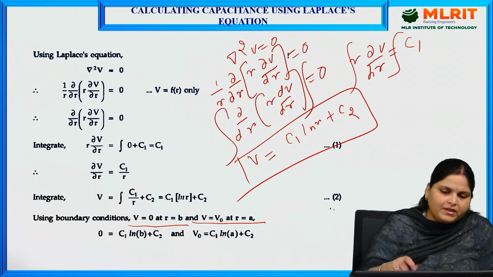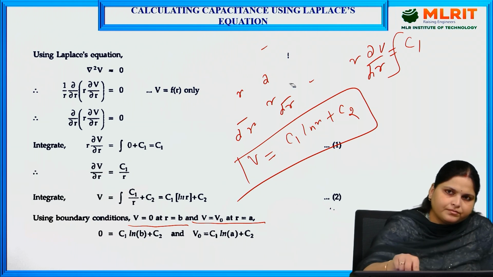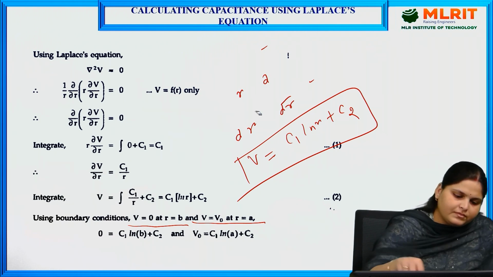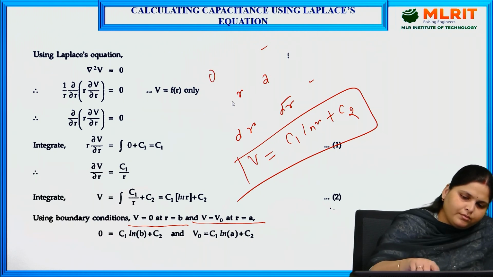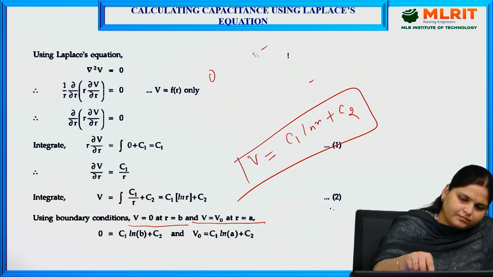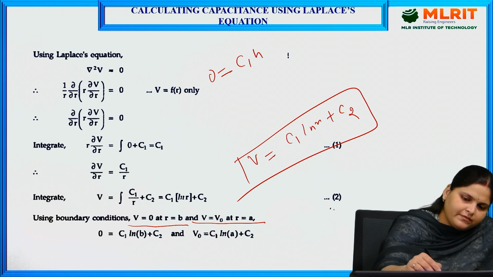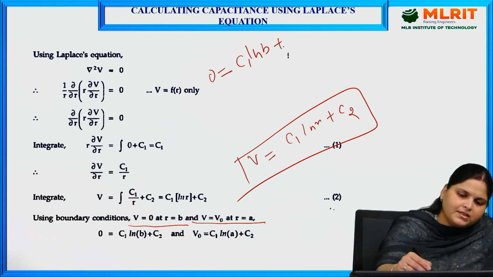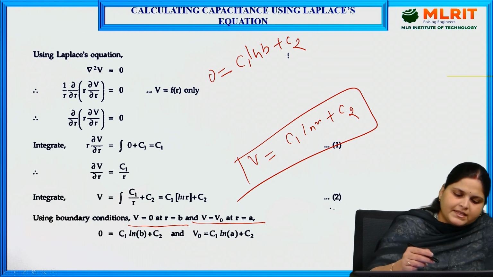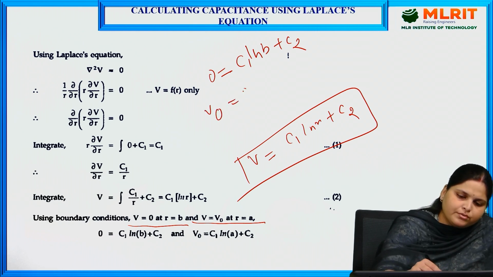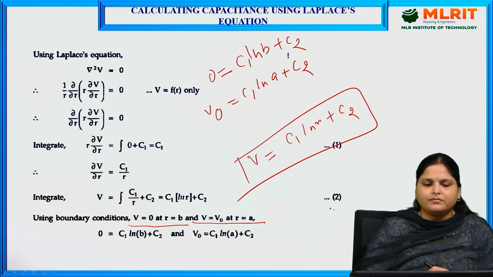So when we put the first condition, it becomes 0 = C1 ln B, because R = B, plus C2, and the second equation becomes V0 = C1 ln A + C2, right?